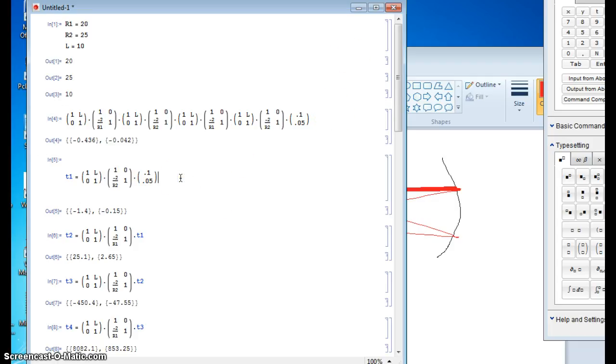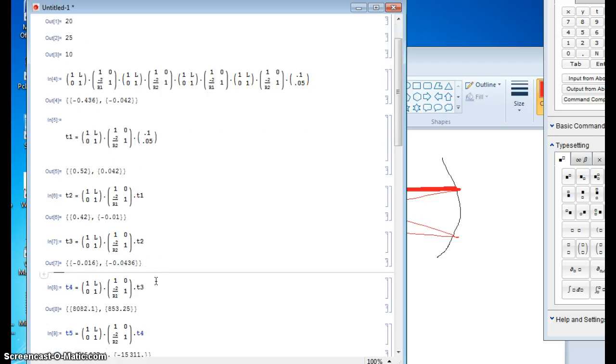Okay, now let's see what happens. We're starting at the same height. All right. We're going up slightly, and then let's see what happens. Now we're going back down, and now we're going more down.